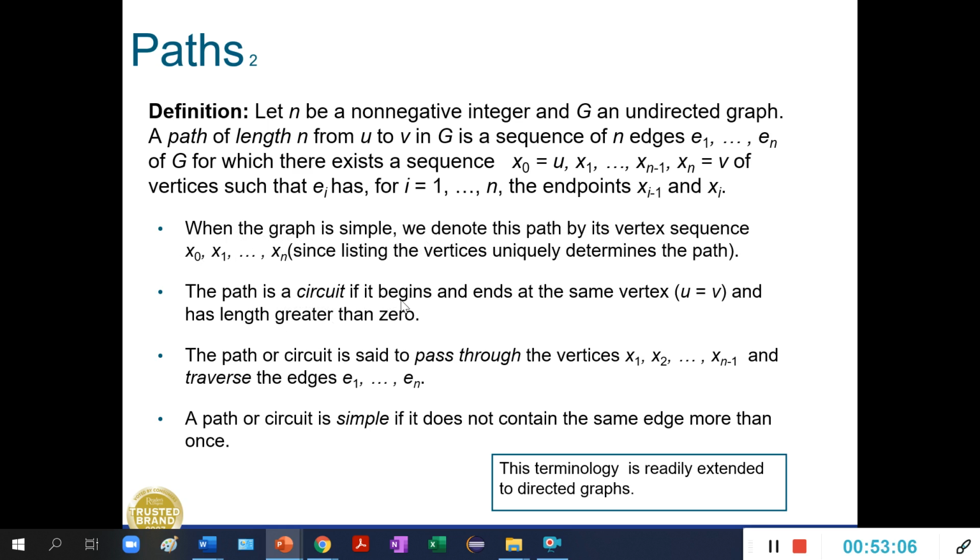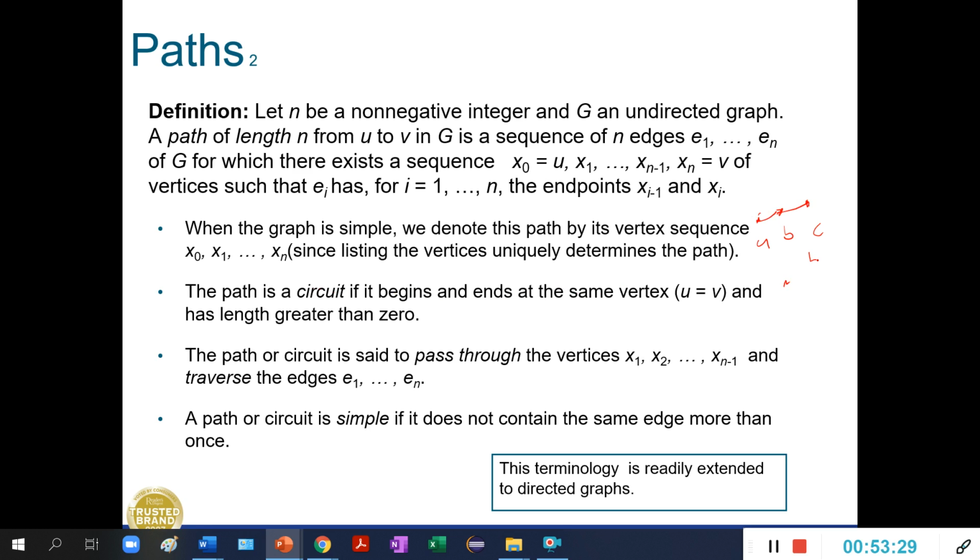If it's simple, we know this path by the vertex sequence x0 to xn, since the listing of the vertices uniquely determines the path. So a graph is simple, like vertices A, B, and C. The path is a circuit if it begins and ends at the same vertex.